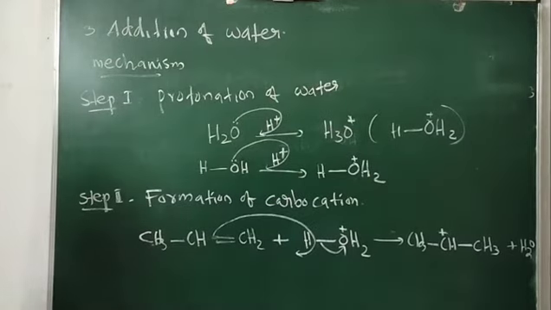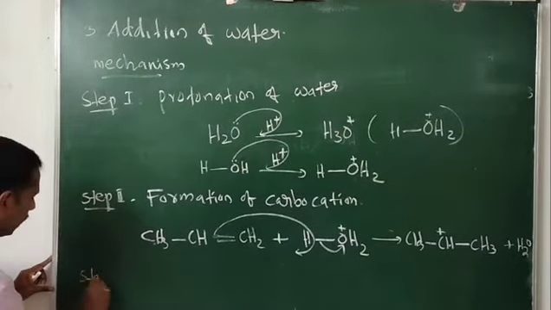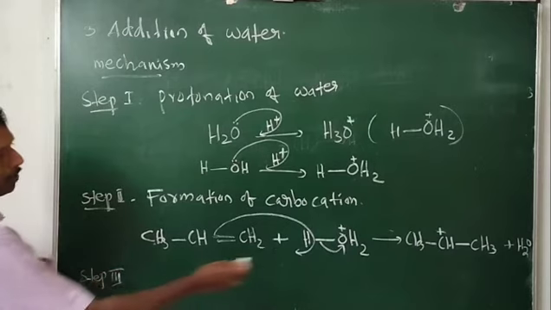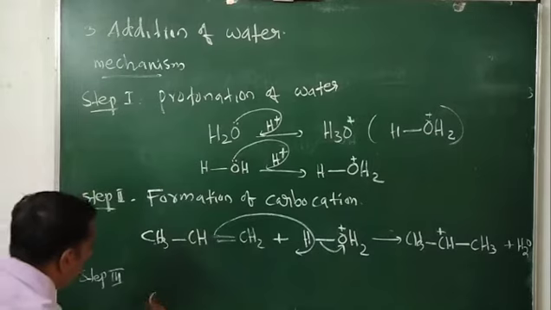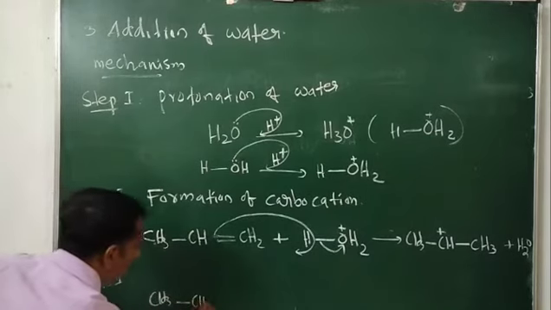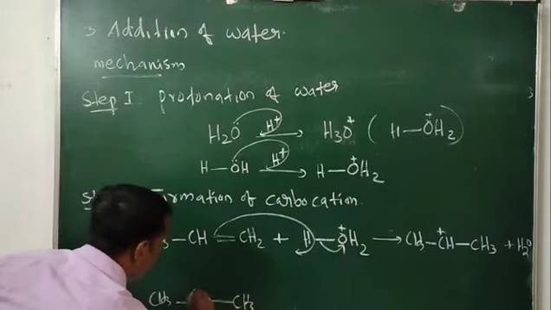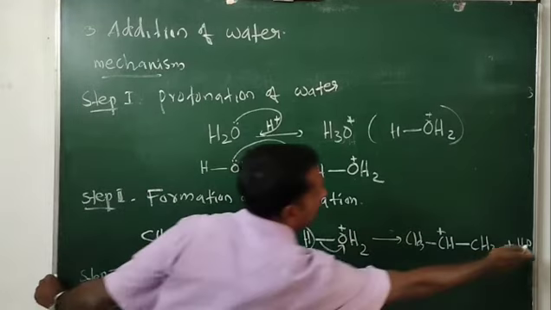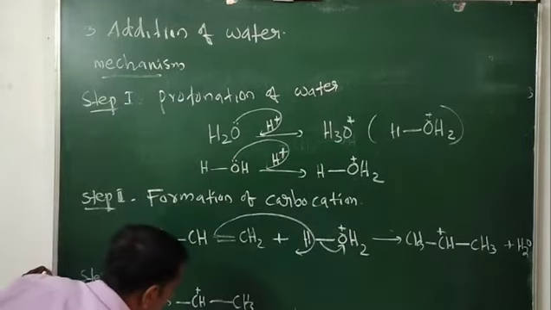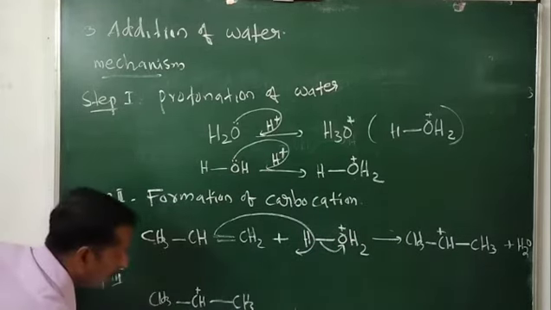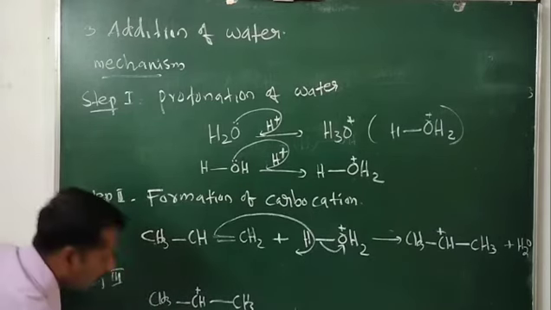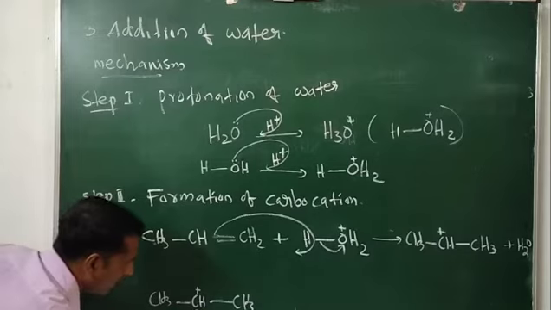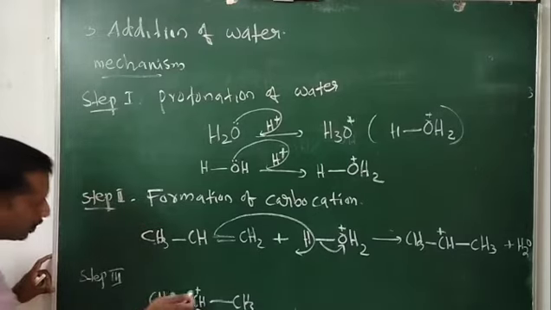Now in the final step, step 3, this carbocation will be attacked by the water molecule. Look at here, CH3CH+CH3, here it is positive charge. Now this H2O can act as a nucleophile. You can look at here, this lone pair of electrons present on the oxygen atom will attack this positively charged carbon.